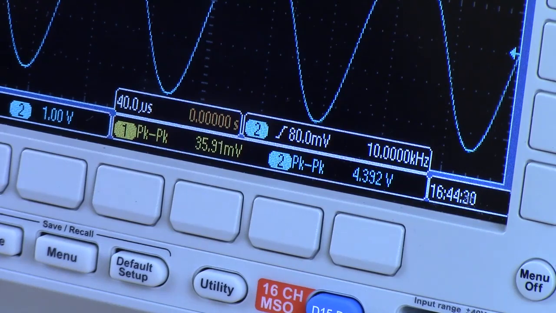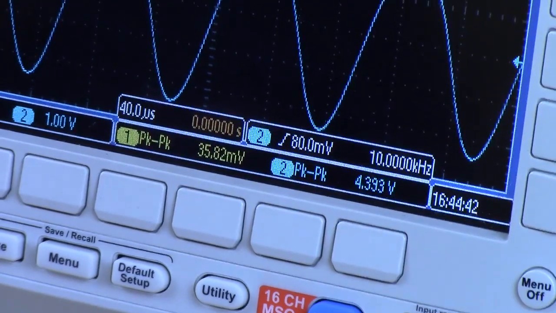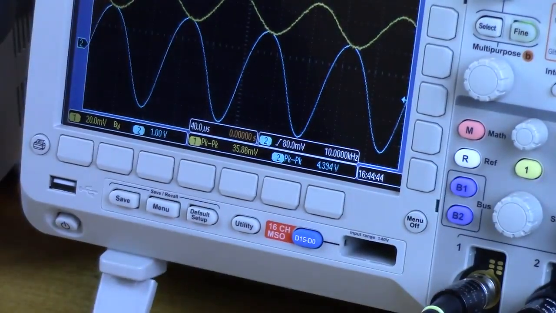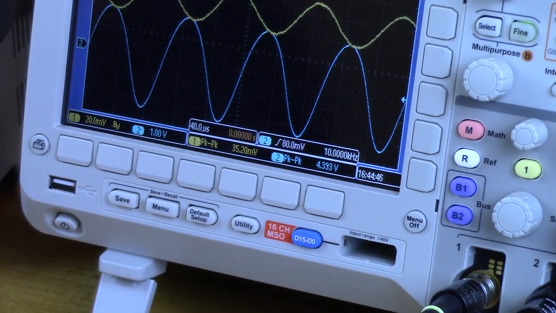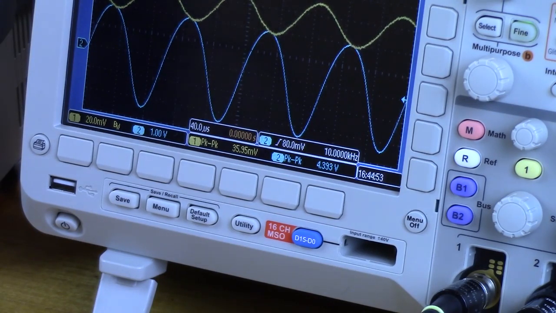And the reason we wanted to remember that is because when we're measuring our pole frequency, we're going to look for that to go down by 3 dB. So if we're starting with a gain of 4.4 divided by 0.035, what kind of gain does that give us? 4.9.